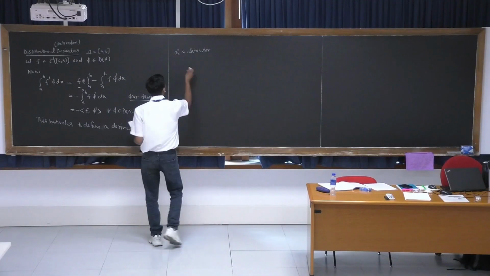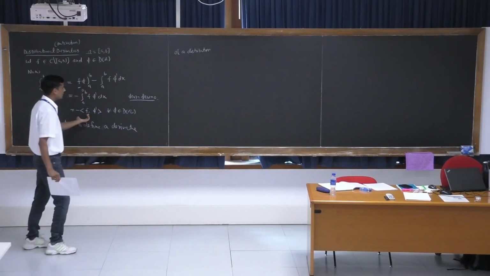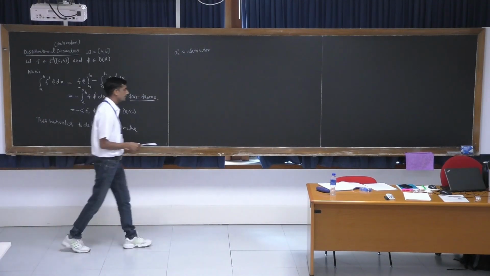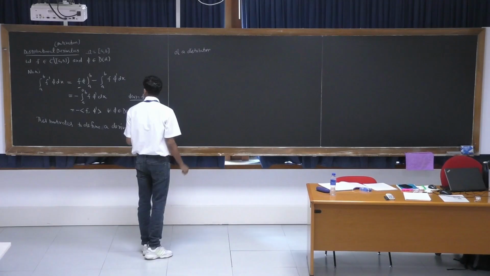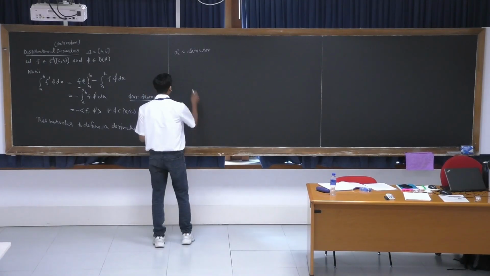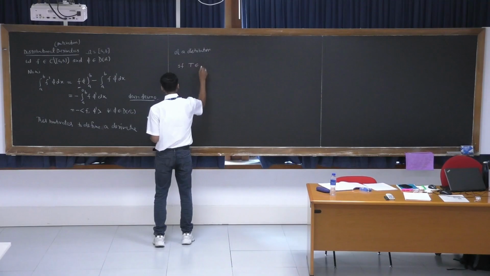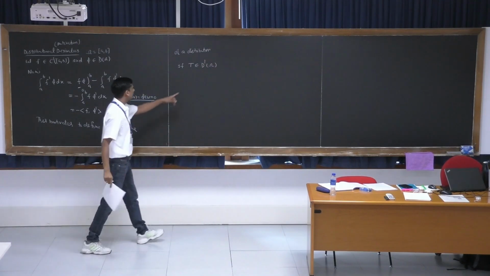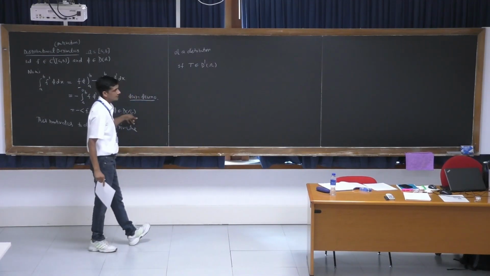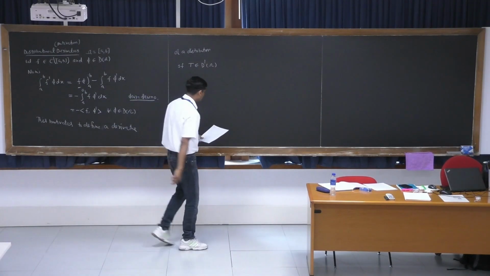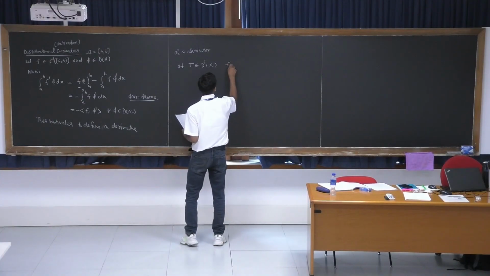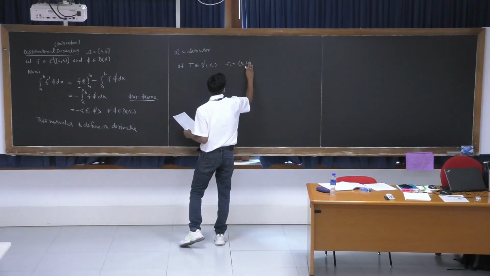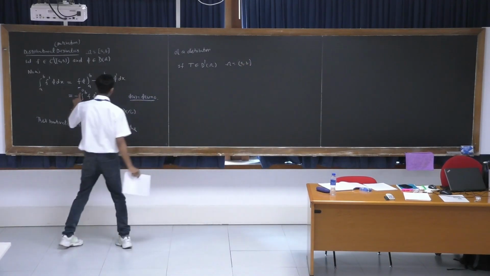So from this integral we can motivate and then define the distributional derivative. If T belongs to D dash of omega, as you know, D dash is the dual of this space, and omega, as we defined, is the closed interval ab, or you can define it as an open interval, because this is just the integration.